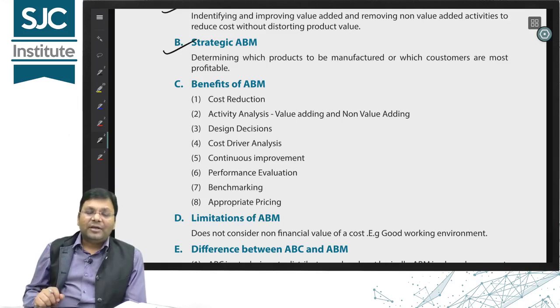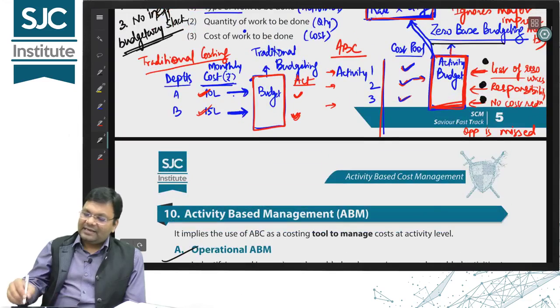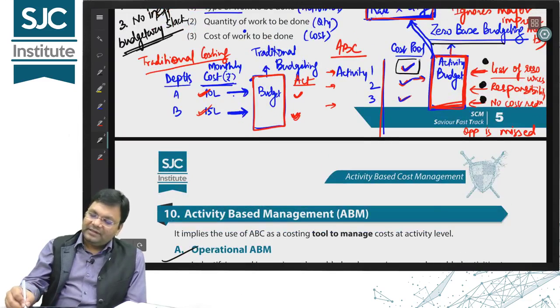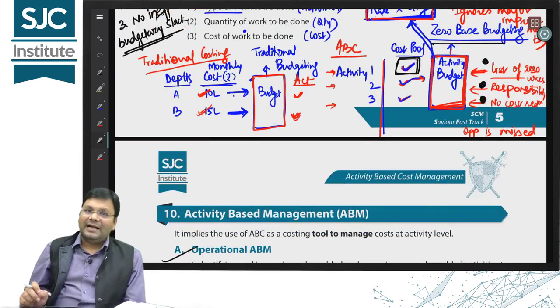So based on that, you can decide which product to continue or discontinue. It helps in performance evaluation of your different managers. ABM will go into each activity and see that, say this activity, for example, has to be done within this budget, and the manager of this activity has actually done this activity within this budget and saved some amount for your company.